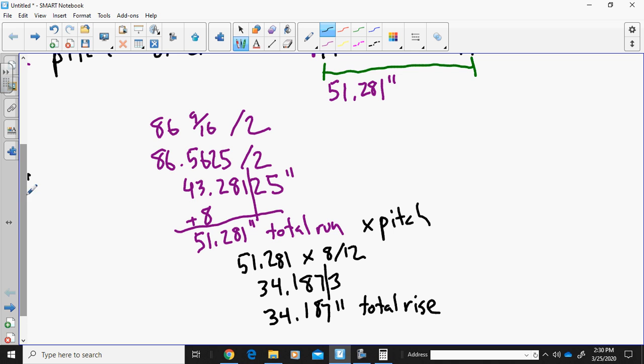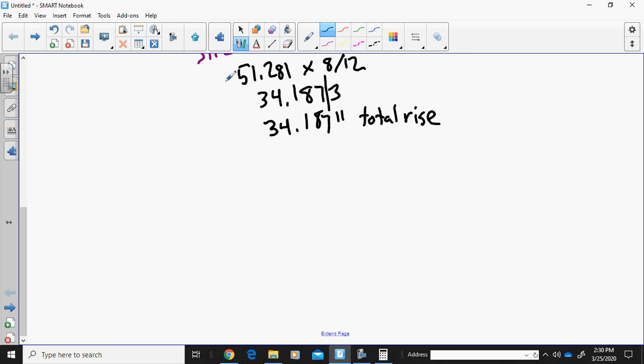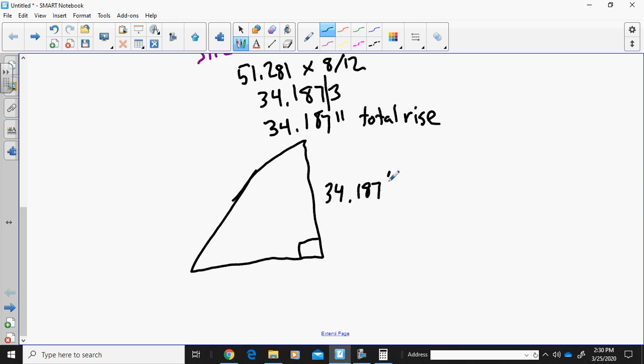So come back up on the drawing, or I'm just going to draw it again. Oops, terrible drawing. So our total rise, 34.187 inches, and our total run, 51.281 inches.